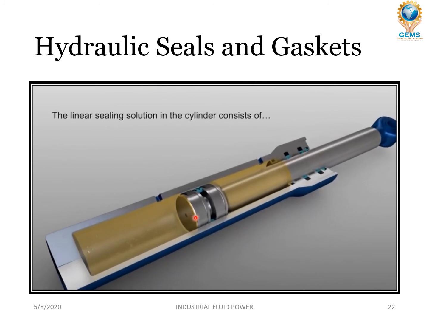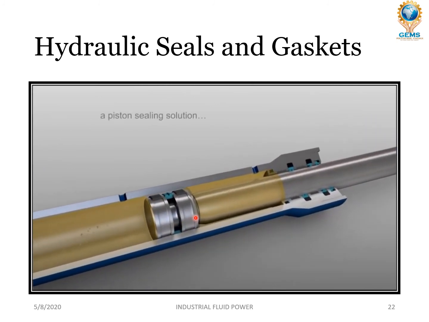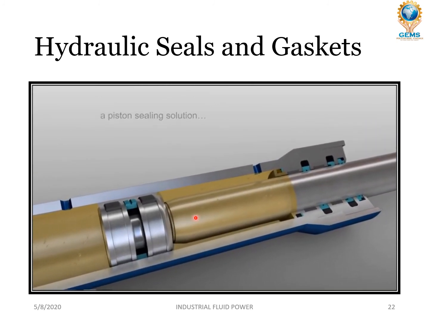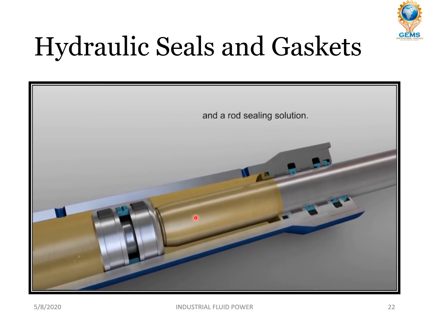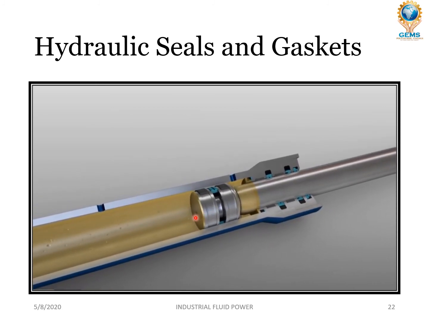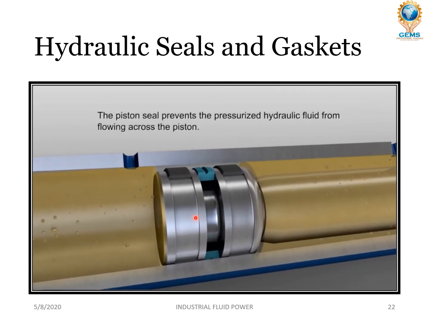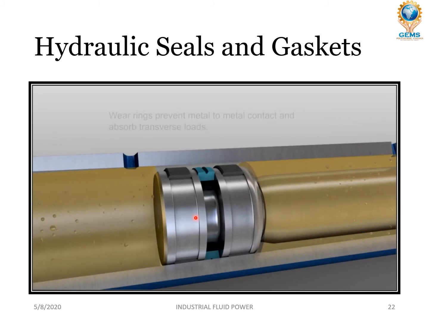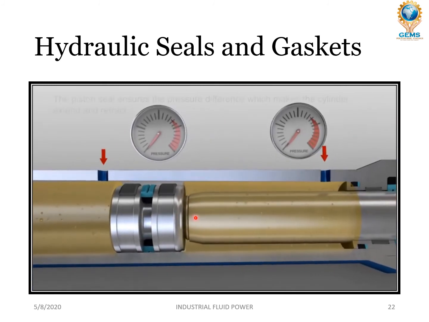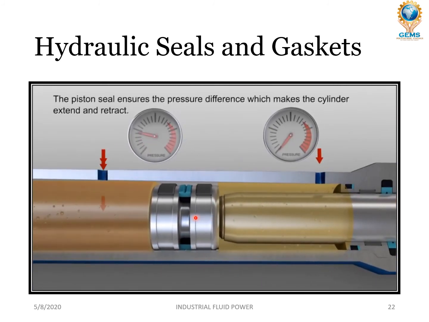The cylinder's linear sealing configuration consists of a piston sealing solution and a rod sealing solution. The piston seal prevents fluid in the cylinder from flowing across the piston, while wear rings prevent metal-to-metal contact and absorb transverse loads. The piston seal is a vital component within the cylinder.